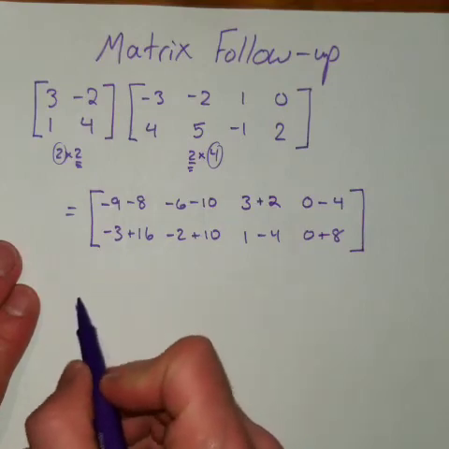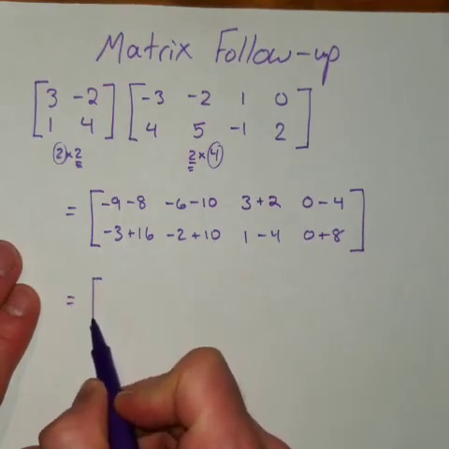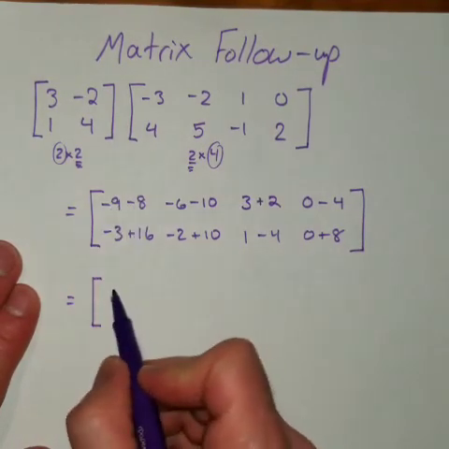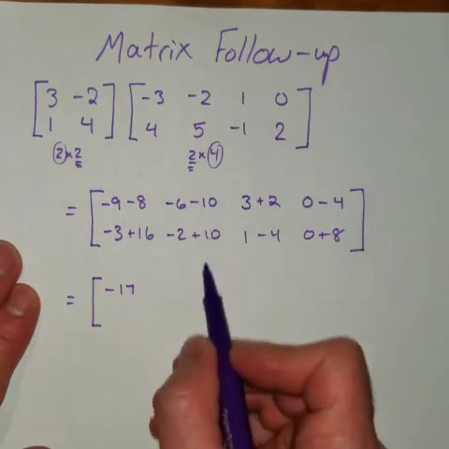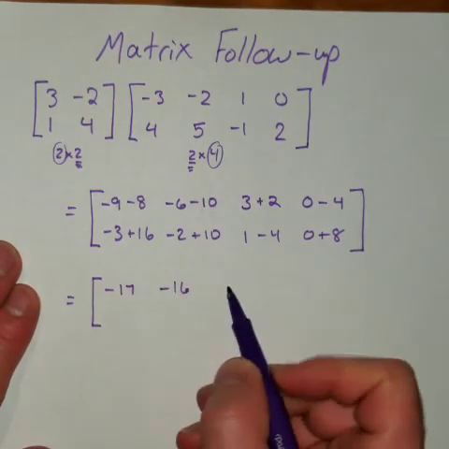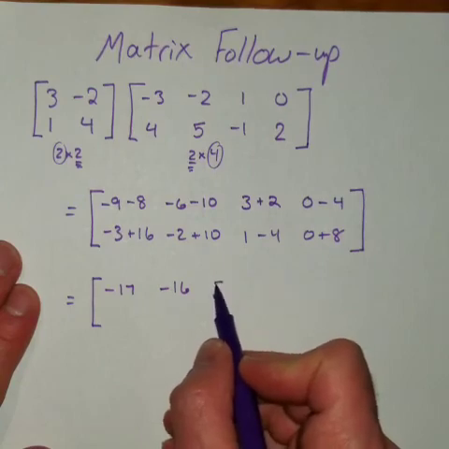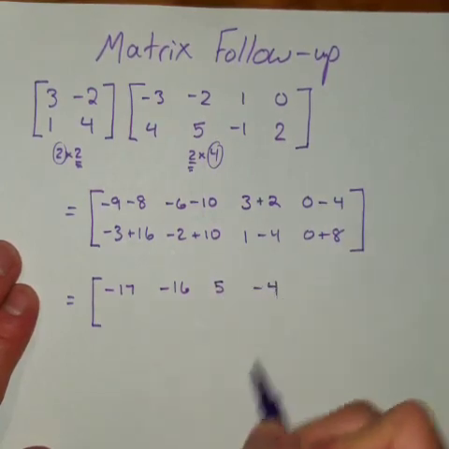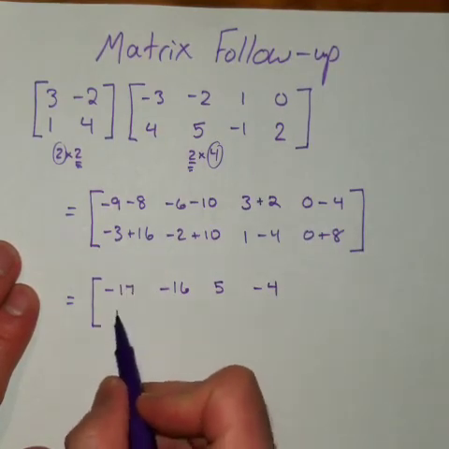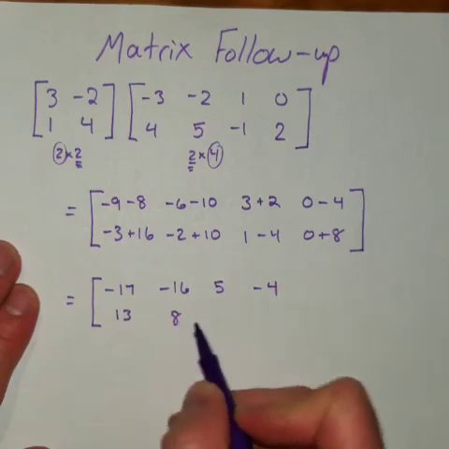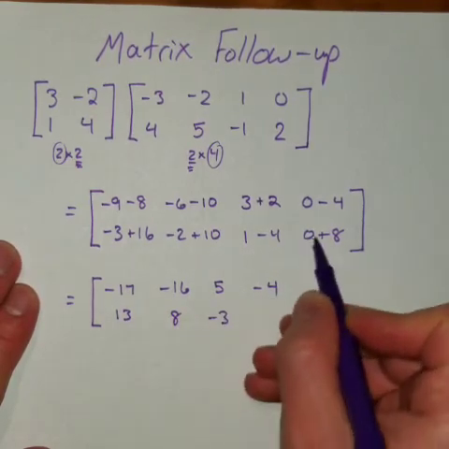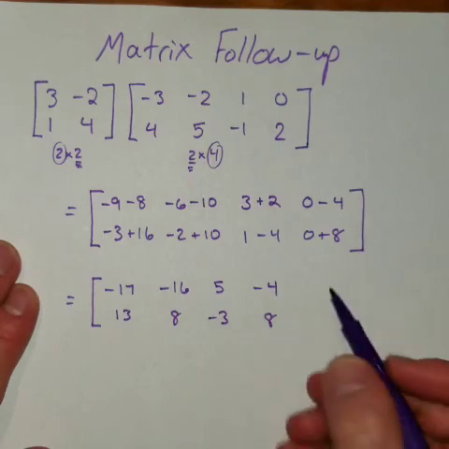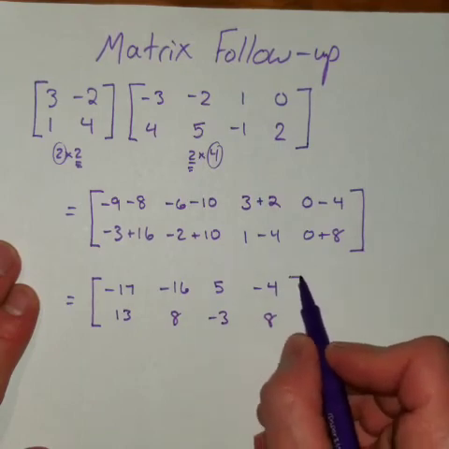And then we just add all those numbers together. So we get a negative 17. That's what, negative 16, 5, and negative 4 along the first row. Then we get a 13, an 8, negative 3, and an 8 along the bottom row.